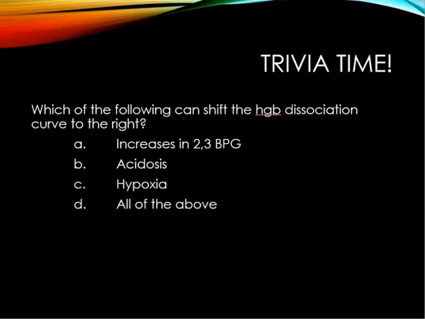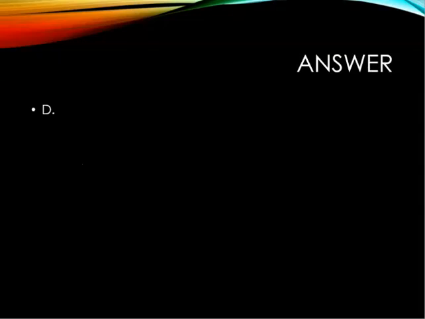You can pause the video at this time before we go on to the next slide and see the answer. The answer is D, all the above. An increase in the 2,3-BPG, alkalosis, and hypoxia can all cause a shift to the right in the oxygen dissociation curve.